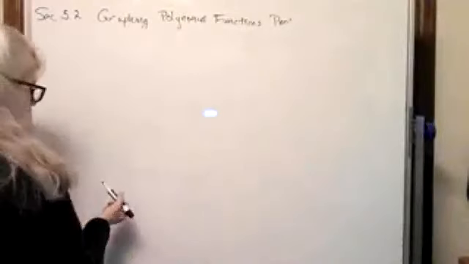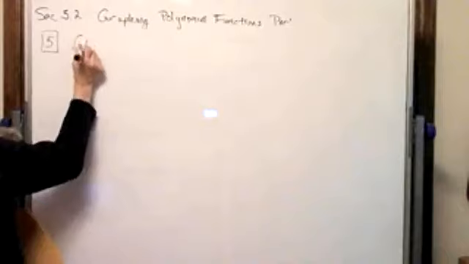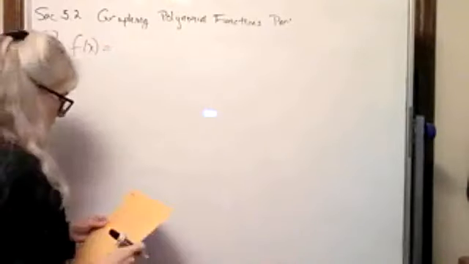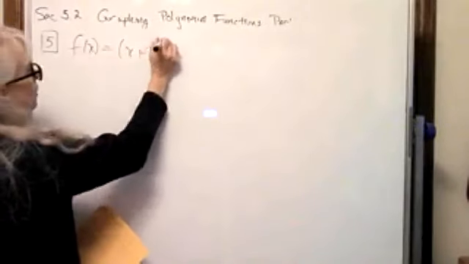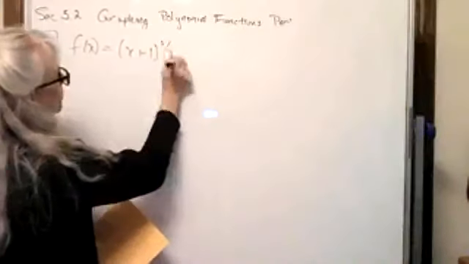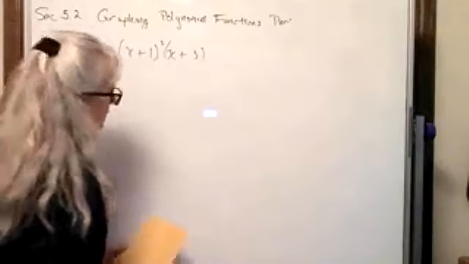This is example 5 on the handout. And this time we have f of x is equal to the quantity x plus 1 cubed times the quantity x plus 3. So x plus 1 quantity cubed times x plus 3.